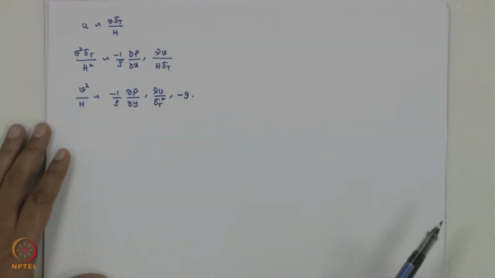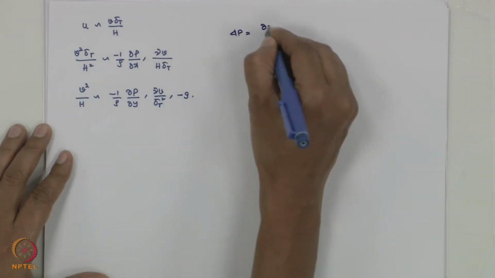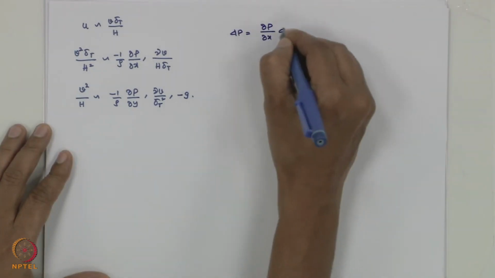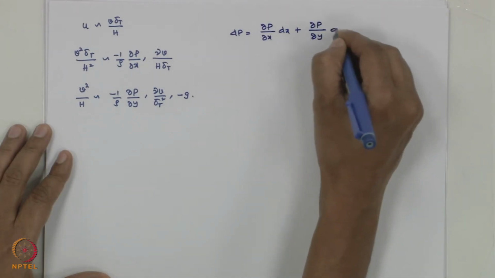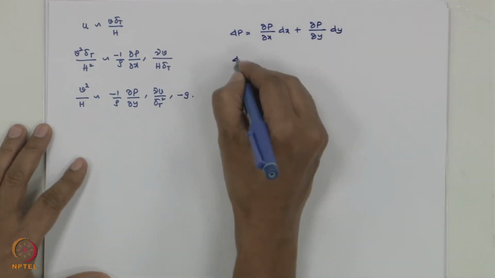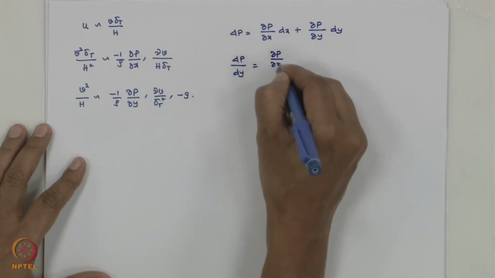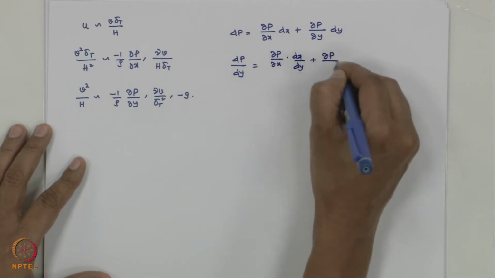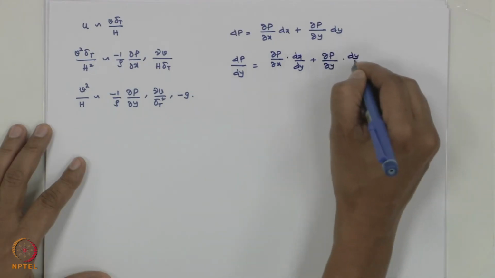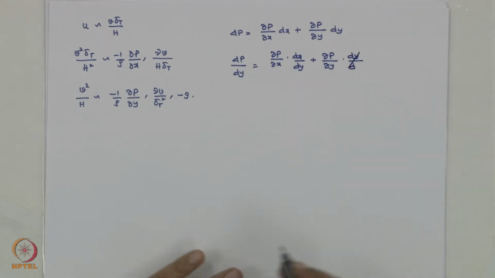Okay. So now let me write dp equal to del p by del x into dx plus del p by del y into dy. Divide throughout by dy. dp by dy equals del p by del x into dx by dy plus del p by del y into dy by dy, that's it.